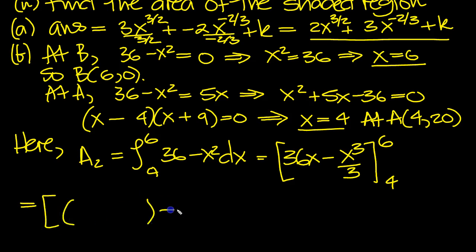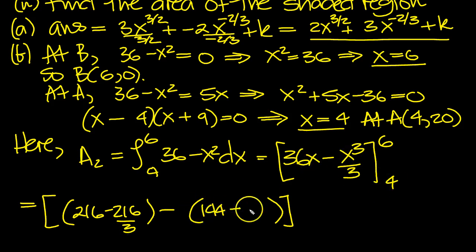Put 6 in here, 6 36s is 216, tap it in the calculator if you need to, minus 216 over 3, and then put the 4 in, 144, minus 64 over 3.